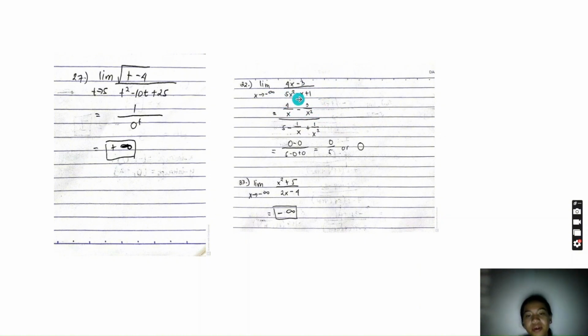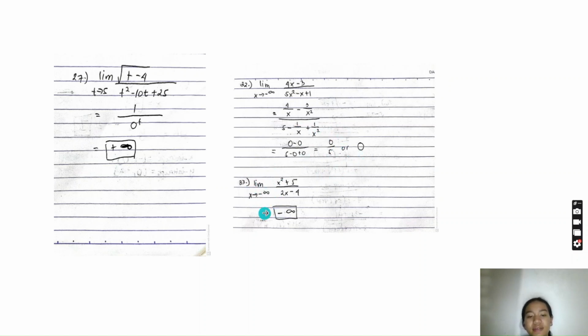All over 5x squared divided by x squared, that is 5, and negative x becomes negative 1 over x, plus 1 over x squared. Canceling them all together, the terms become 0 and the 5 remains. So 0 minus 0 is 0, all over 5 minus 0 plus 0, that is 5, so 0 over 5. Our answer is 0.